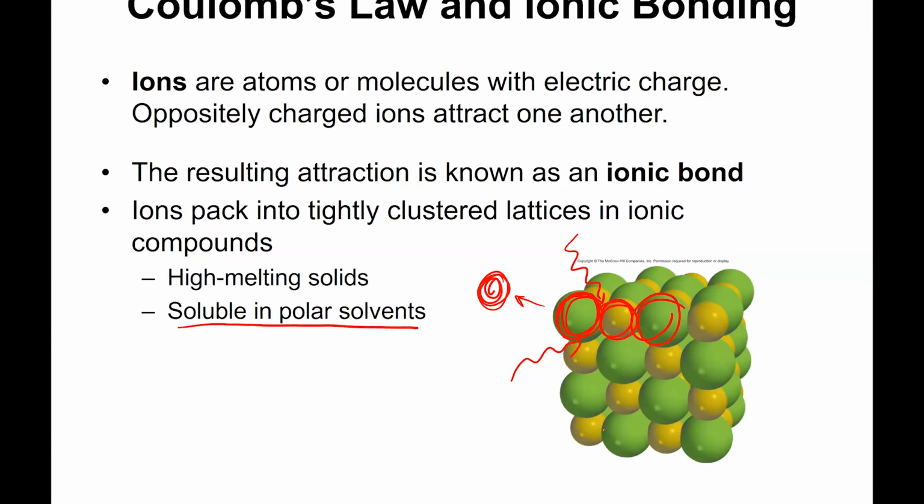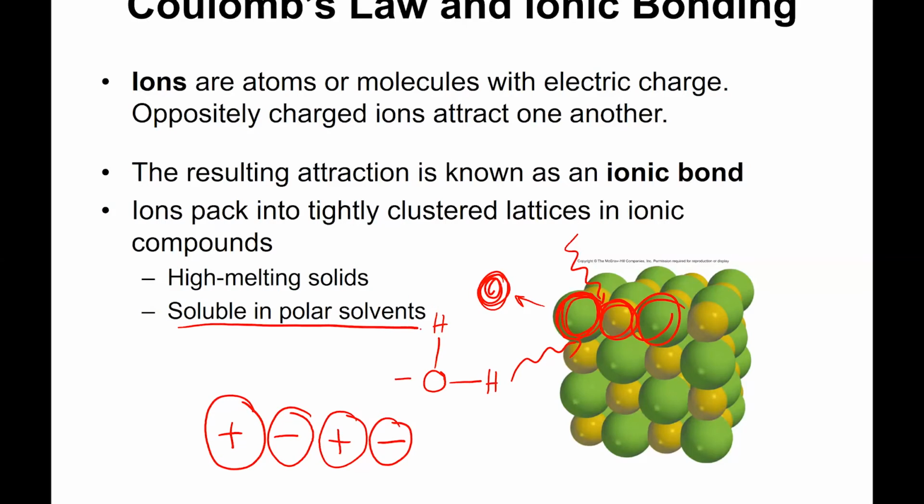Now, why is it soluble in a polar solvent? Well, remember, if each bond is made up of charges next to each other, and if you have something that is polar, it also has charges. So let's use water as an example here. Here's our water.